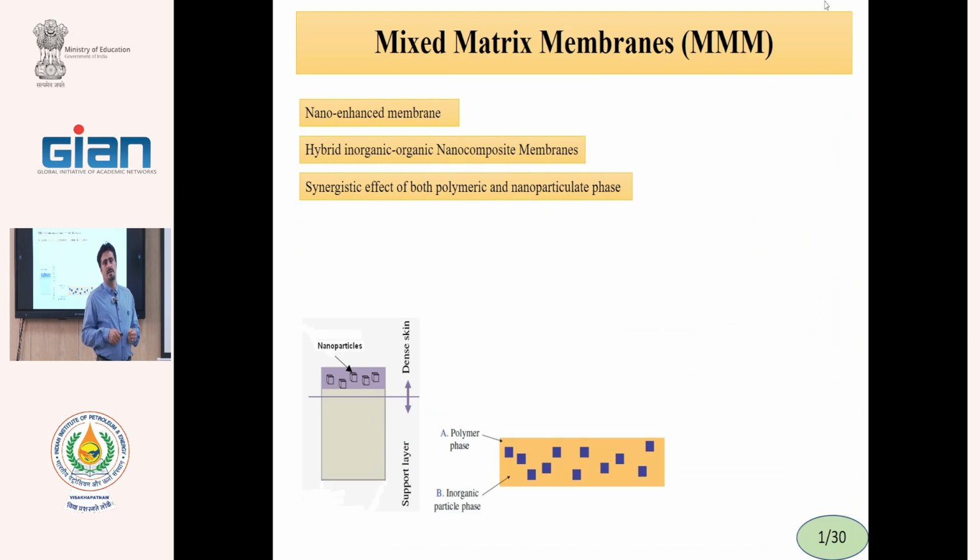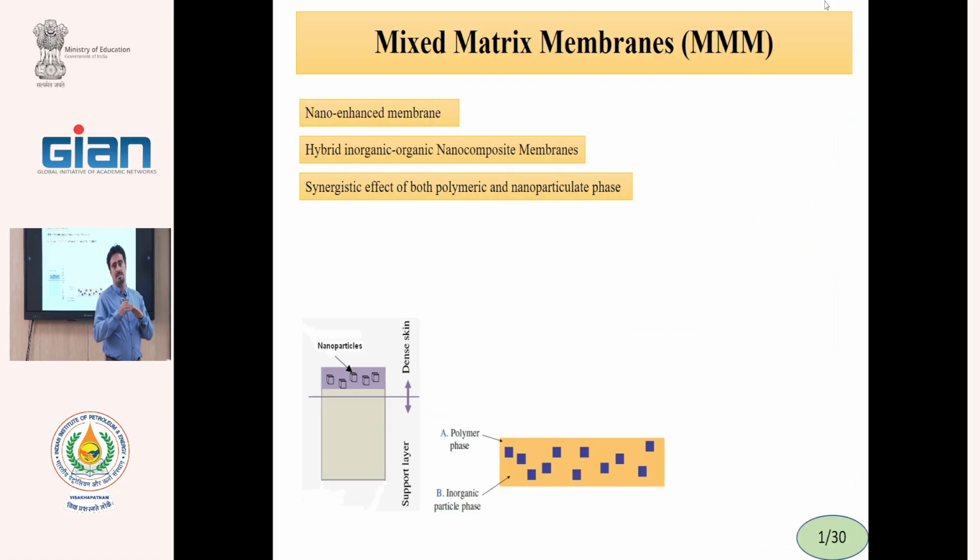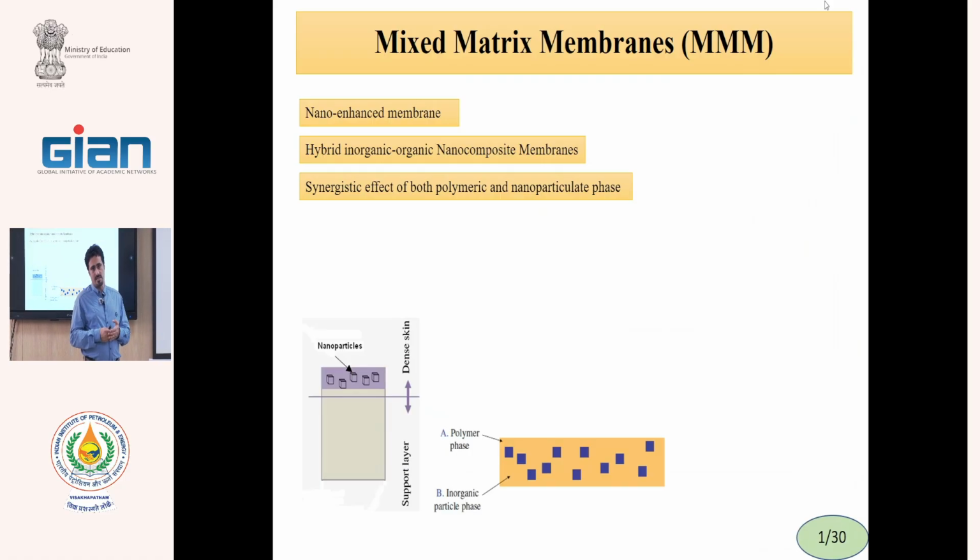And as you saw in the previous lecture on surface engineering, with atomic layer deposition, chemical vapor deposition, physical deposition, and other surface engineering techniques, we coat the nanomaterials on the surface, because the surface layer is important for separation.